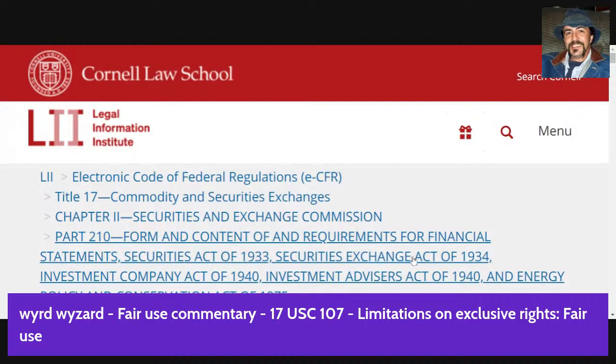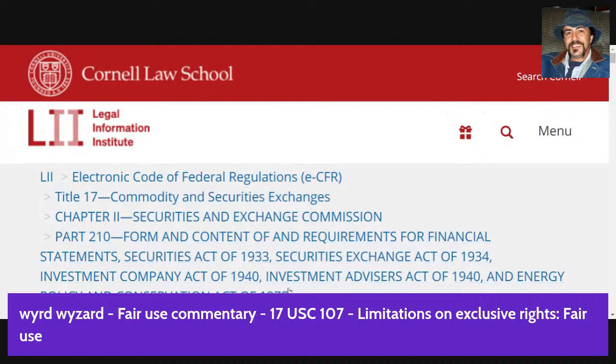Securities Exchange Act of 1934. Investment Company Act of 1940. Investment Advisors Act of 1940. And Energy Policy and Conservation Act of 1975. Do you guys remember Enron? And various other scandals just like that. It was brought up in conversation today, and that's exactly what we're talking about.